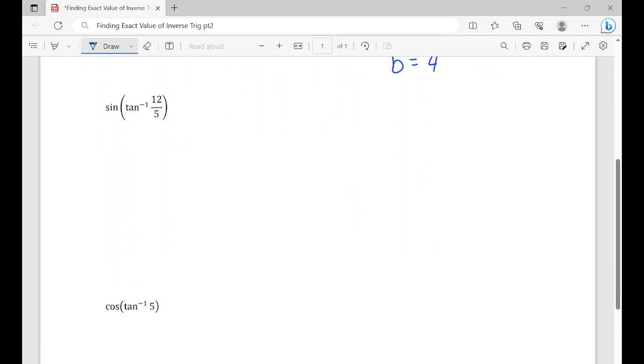Let's do it again for sine of arctangent of 12/5. So I'm going to say that u equals arctangent of 12/5. To get rid of the arctangent, I'm going to take the tangent of both sides. So I'm going to have tangent u equals 12/5.